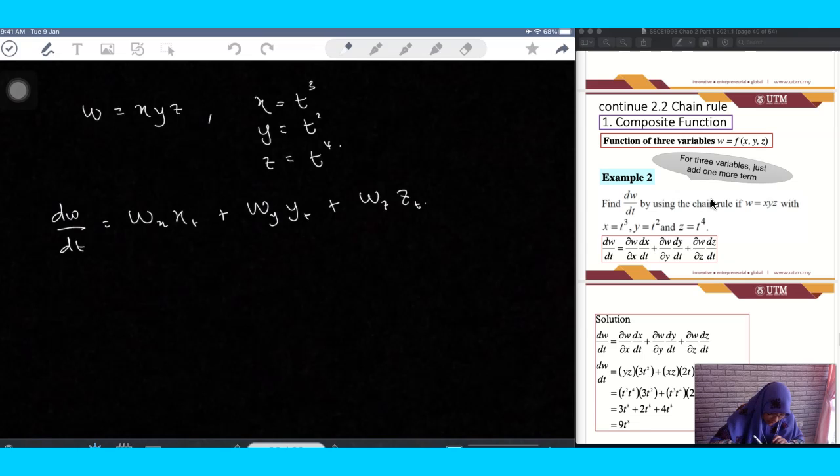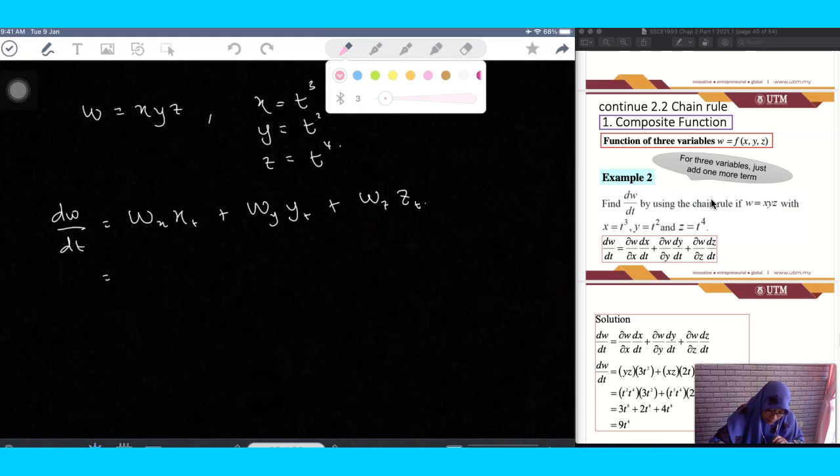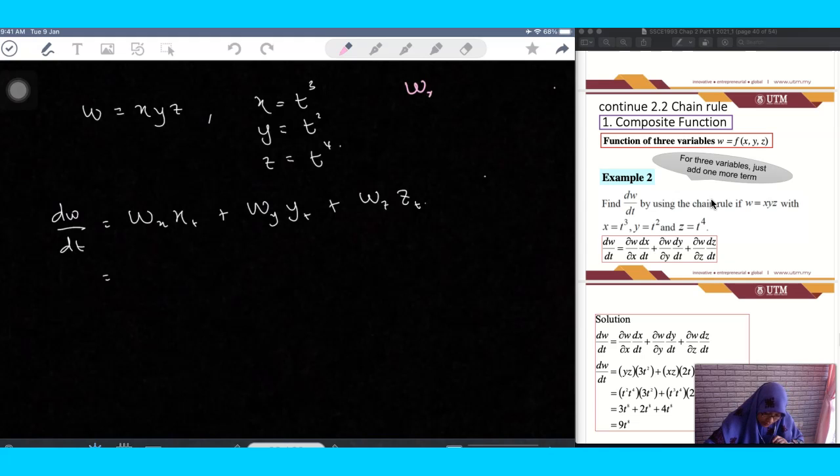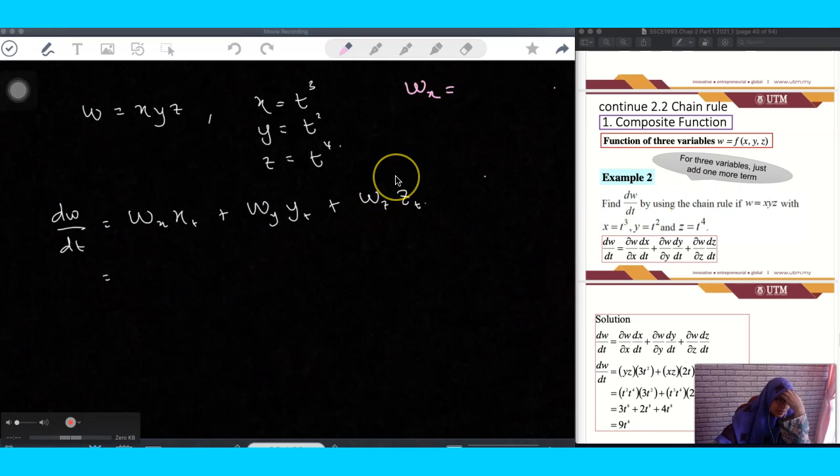Now you have to differentiate. Find out w_x. Now about the differentiation of a three variable function, it is the same idea as for a two variable function. Once you want to differentiate with respect to x, y and z are constant. So now we focus on only x, and differentiating x with respect to x gives you 1.